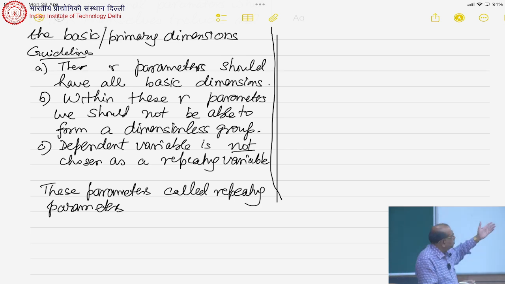These R parameters we call the repeating parameters.